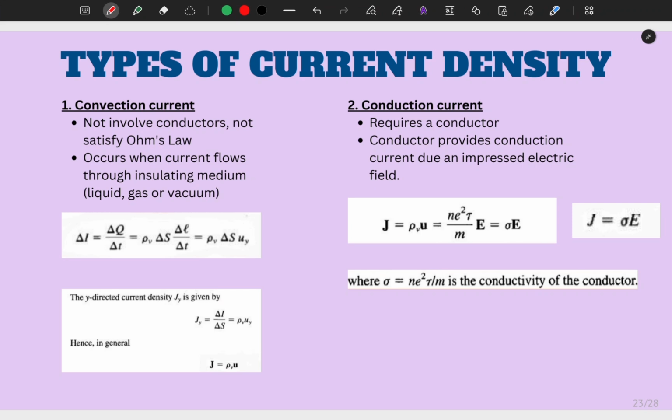And this is the general equation. Second one is conduction current, which requires a conductor, where the conductor will provide conduction current due to an impressed electric field. And this is the final equation.